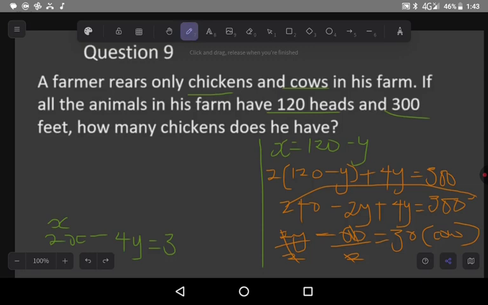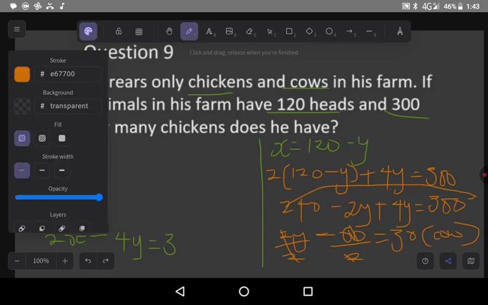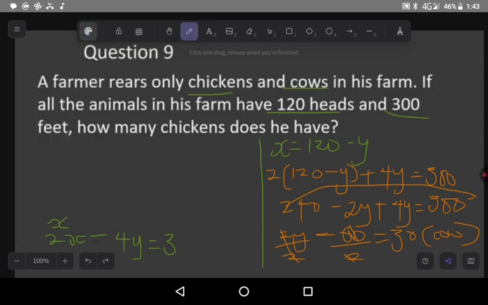Now I have, but y is 30, so I have x plus 30 equal to 120.